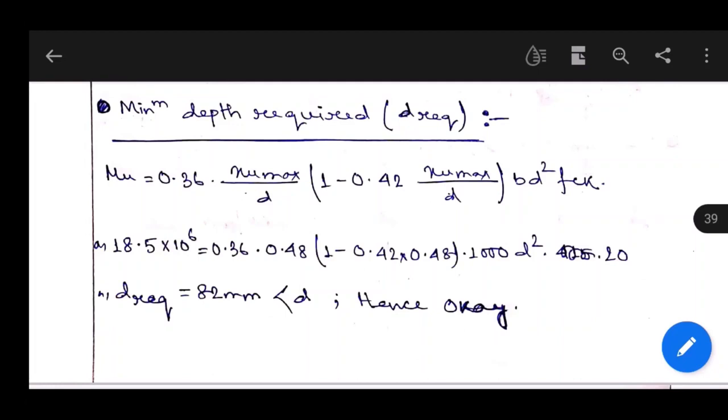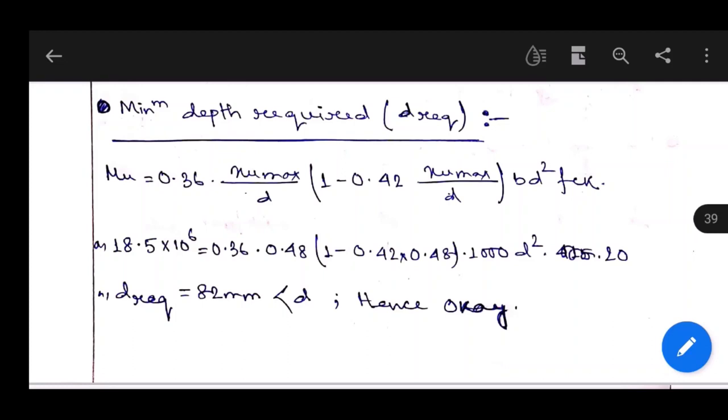From the formula of the NA, we may write Mu is equal to 0.36 into xu max by d, within bracket 1 minus 0.42 xu max by d, bracket closed, b into d square into fck. So Mu means the limiting moment. Here the limiting moment is 18.5 into 10 to the power 6, as we calculated earlier, equal to 0.36 into xu max by d, which is 0.48 regarding the condition.